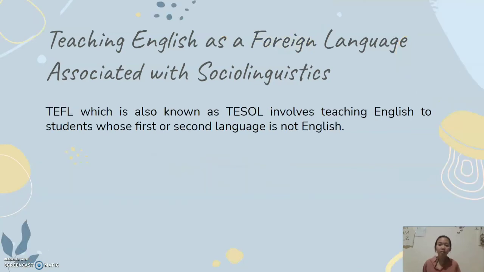Teaching English as a foreign language, also known as teaching English to speakers of other languages, involves teaching English to students whose first or second language is not English. For example, in Indonesia, the first language is vernacular and the second one is Indonesian. The learners may be children or adults with varying levels of ability.